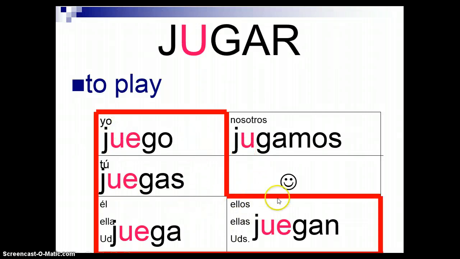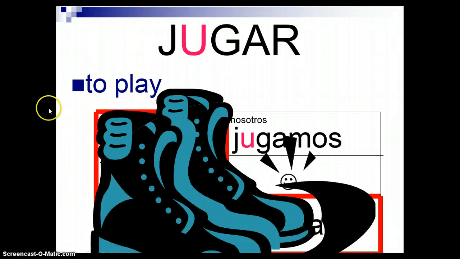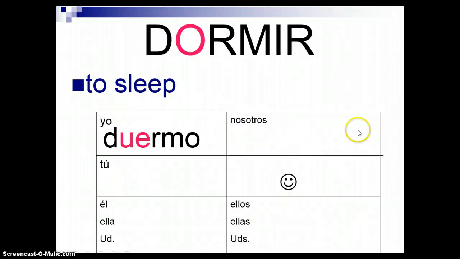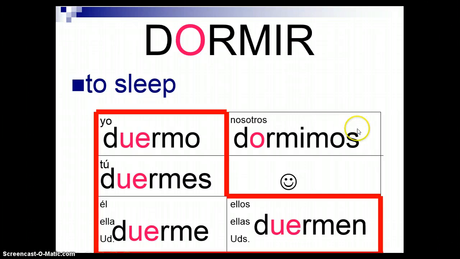And if we draw a box around them, they kind of look like a boot. A very weird-looking shoe or boot. Hey, there's a sneaker! That's why sometimes we call these boot or shoe verbs. See the boot? Because they change in the boot. It doesn't spell change outside of the boot. So let's take a look at dormir. Duermo, duermes, duerme, dormimos, and duermen. And again, there is our boot.